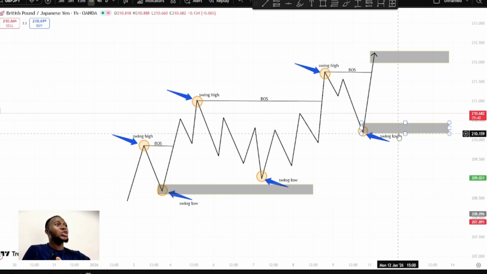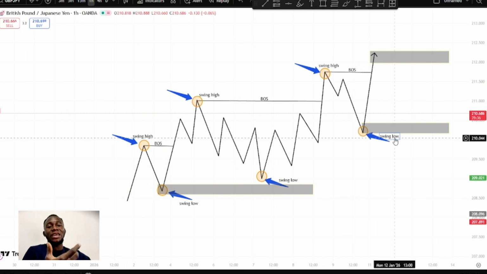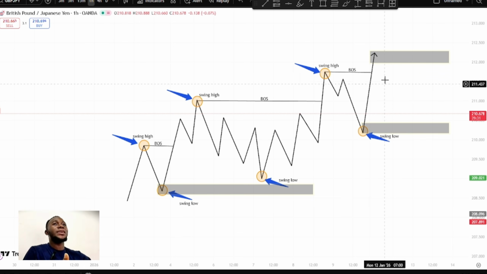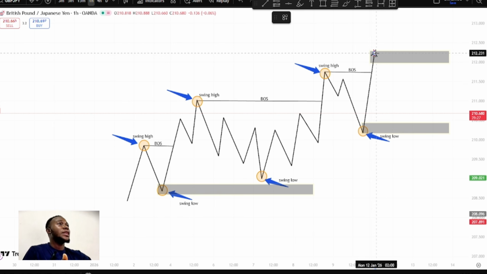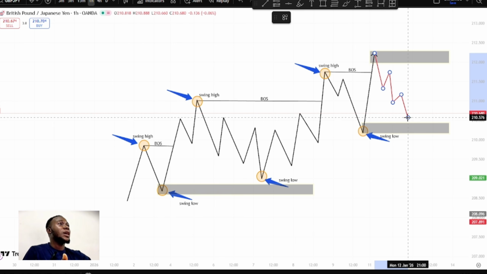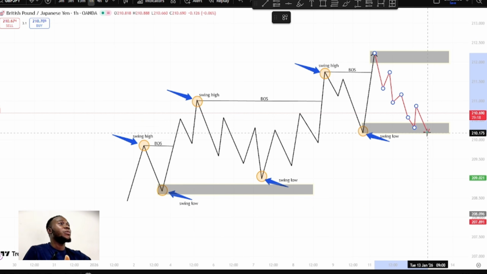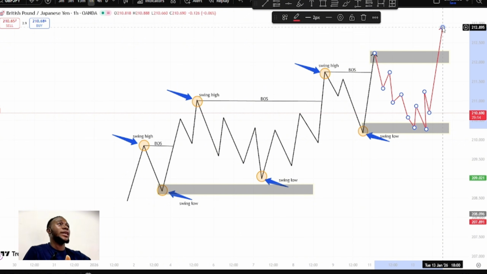Because this swing low is what will facilitate the next push to the upside, and I want to be taking advantage of this particular price movement, because I know that whenever the market retraces like this, and it gets to this point, the next thing I'm supposed to see is maybe what? The change of character, and then maybe market will start buying back and keep pushing to the upside.